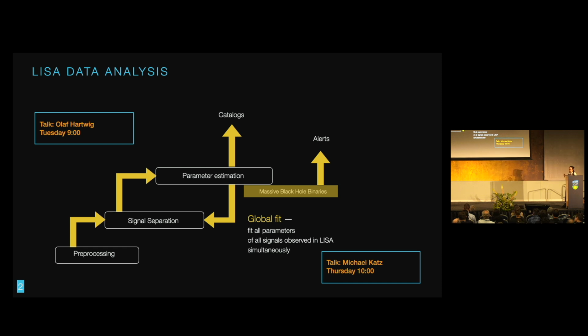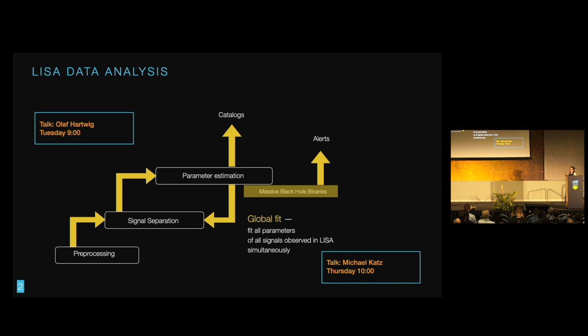Then, when we have our TDI combinations with which we are usually used to work in terms of data analysis, we do an iterative process of parameter estimation for different source types. And this iterative process we usually call global fit. About global fit, you will have a dedicated plenary talk by Michael Katz on Thursday morning.